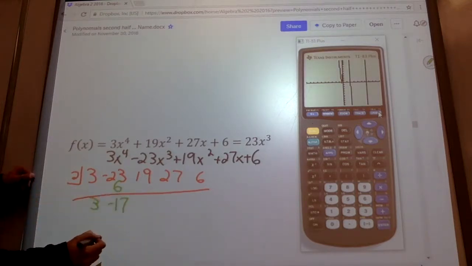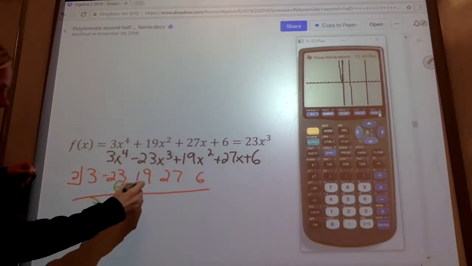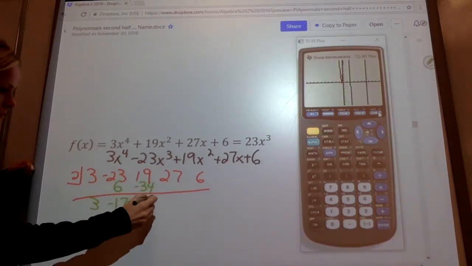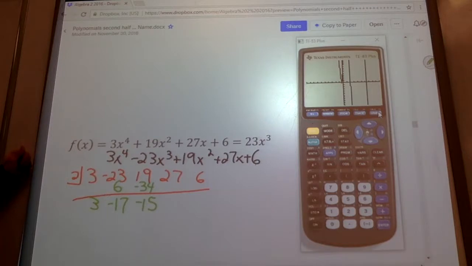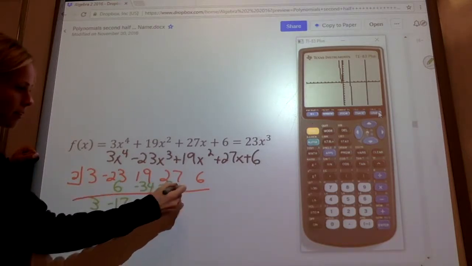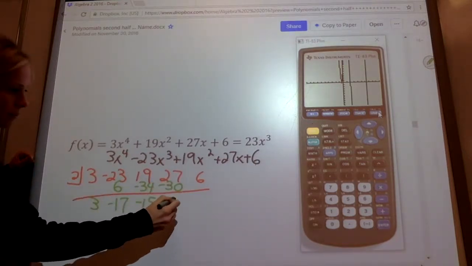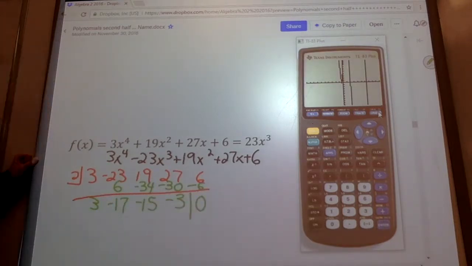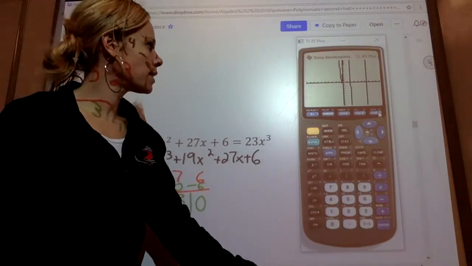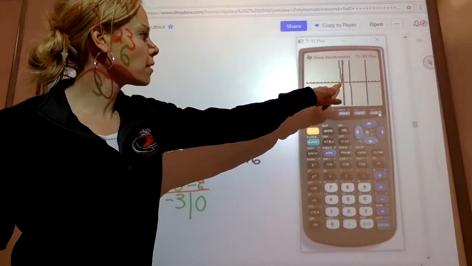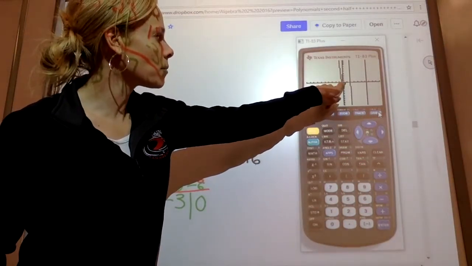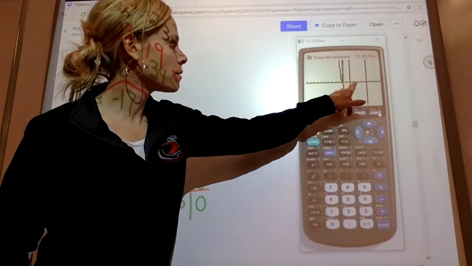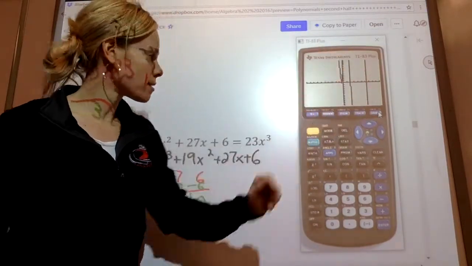Multiply, -34, add -15, multiply, add, multiply, and it works. Good. Okay. So to have an idea of where else I'm crossing here, looks like I have 2 of them right here between 0 and -1, and then one way up there between 6 and 7.